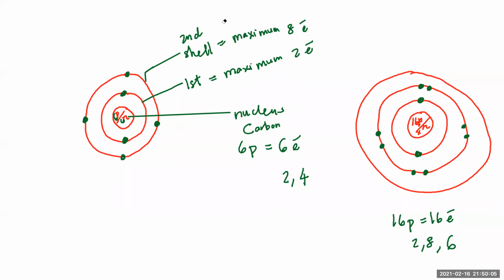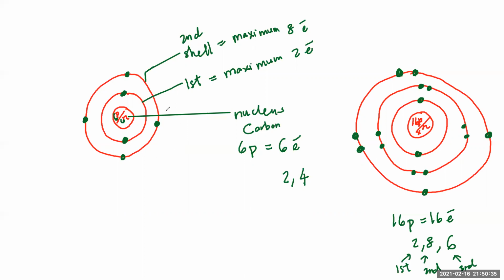So we put all 6 electrons in the outer shell. 1, 2, 3, 4, 5, 6. Now you notice the first shell has 2 electrons, the second shell has 8 electrons, and the third shell has 6 electrons. And I write it in this way, 2, 8, 6.